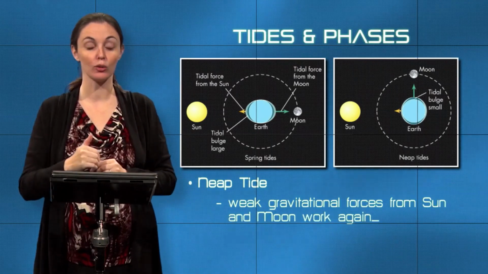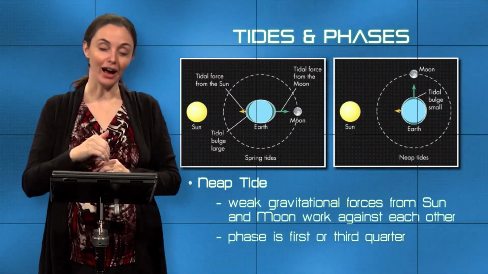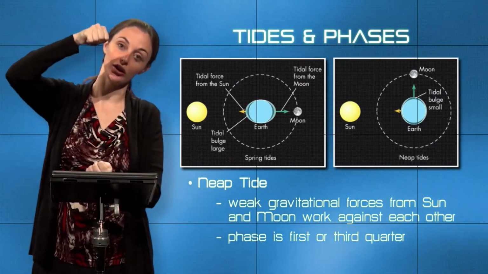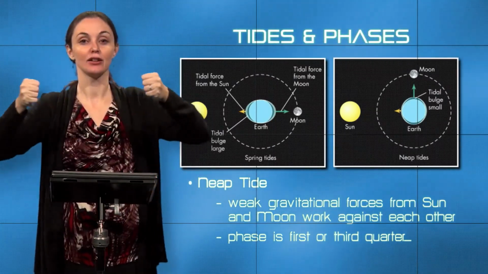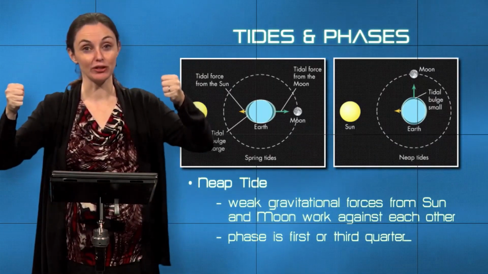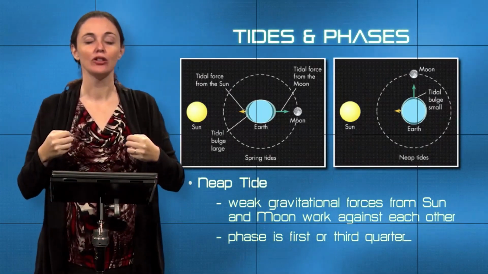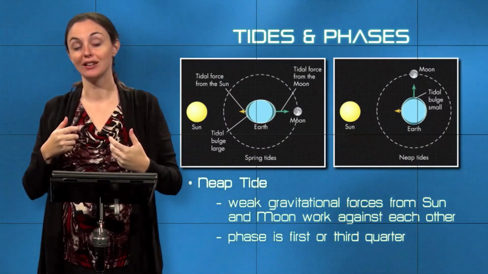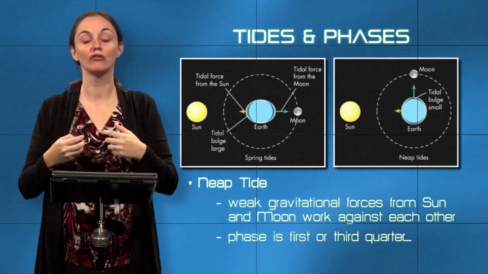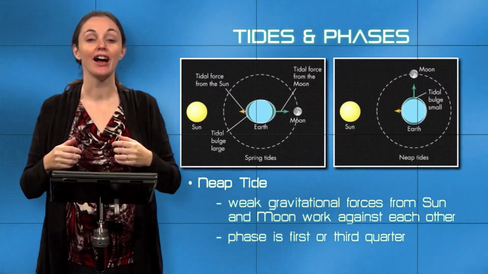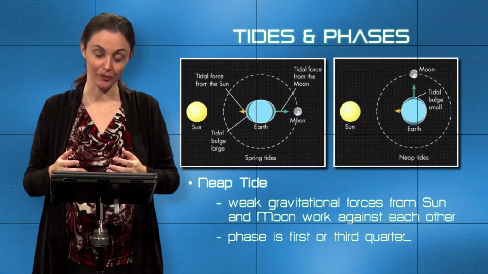Either in the first or third quarter, in either one of those positions, the moon is essentially pulling on Earth's water in one direction, and the sun is pulling on Earth's water in the opposite direction, 90 degrees away from that direction. So it's almost like instead of the two working together, that's when the two are trying to pull on Earth's water in opposite directions, and they almost completely offset each other.